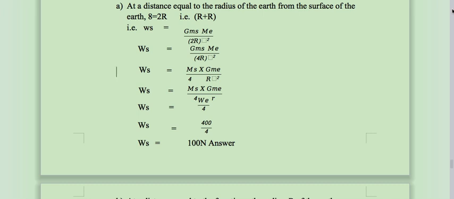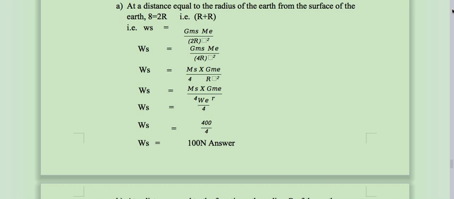But we are not going to use F, we are talking about weight, so our F will be represented with the weight of the satellite. Our r squared, the distance, is 2R, so in place of r squared we use 2R in brackets, squared.